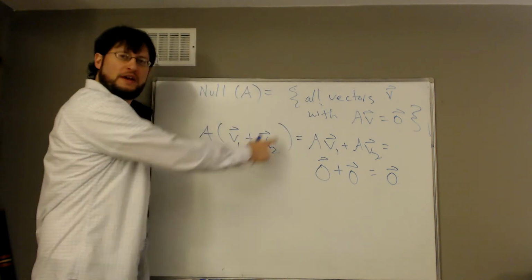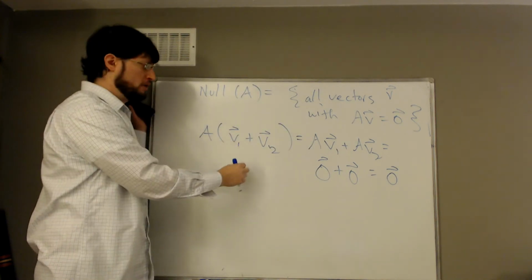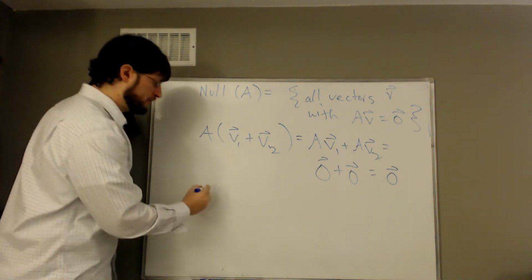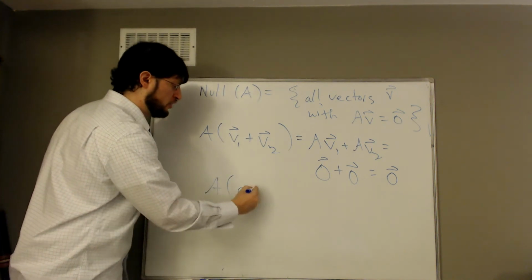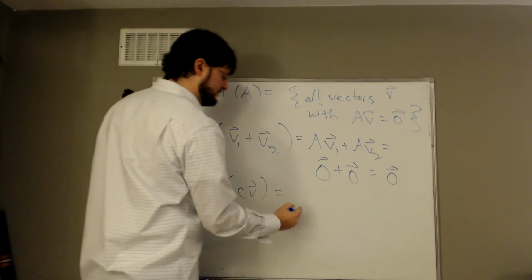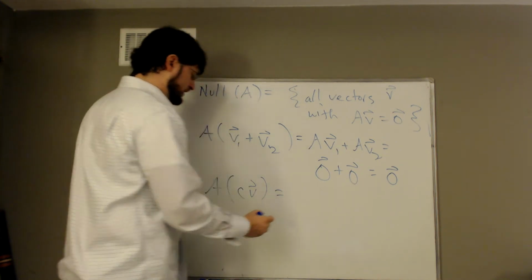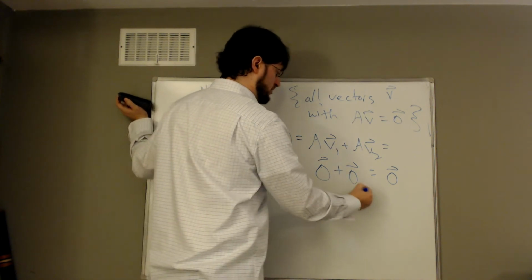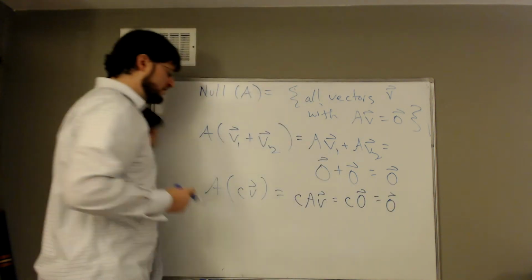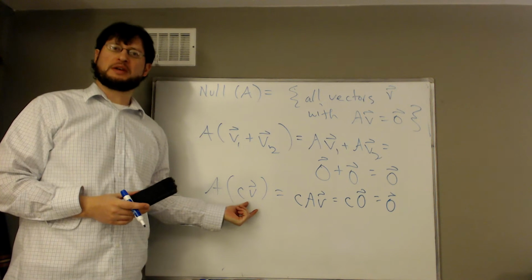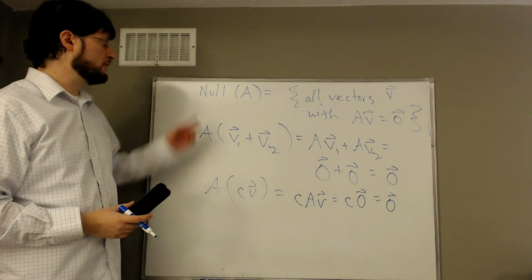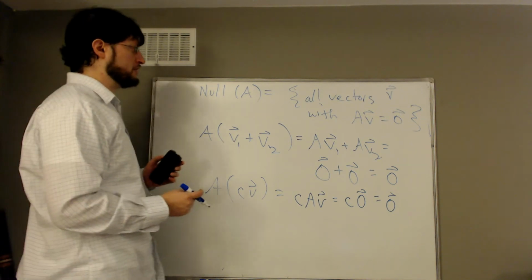So if I have two vectors that are in the null space, when I add them up, it's still in the null space. And also if I have a vector v which is in the null space and I scale it, then I get c times Av, which is c times 0, which is 0. So by scaling a vector which is in the null space, I still get a vector in the null space. So in fact, null A is a subspace.